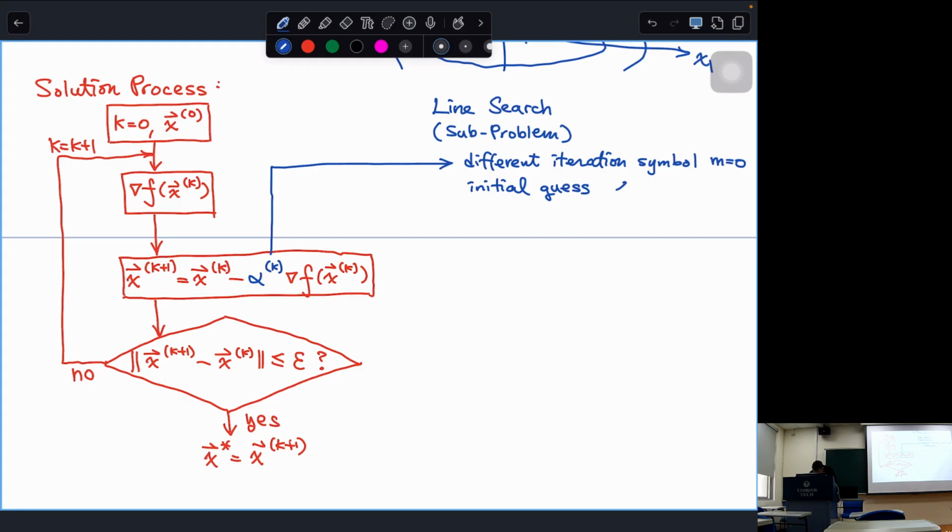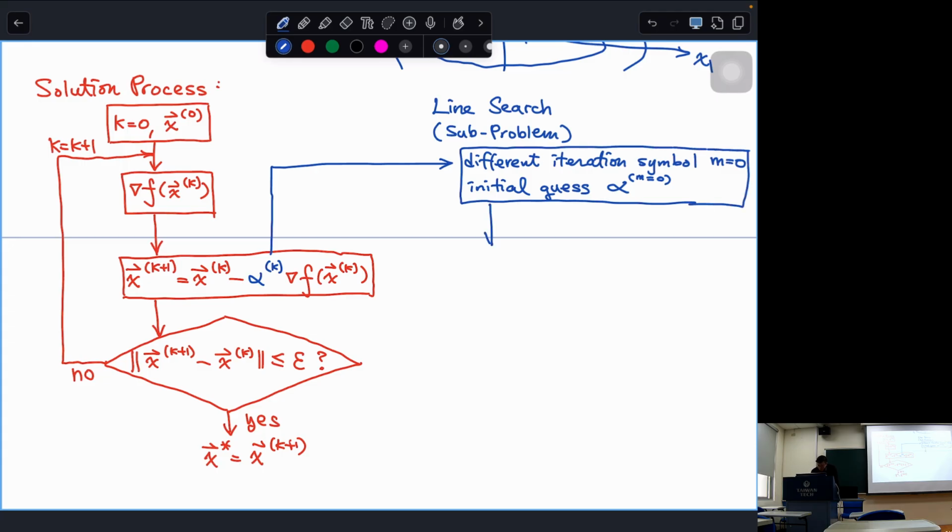So over here, the design variable becomes alpha. And I am having this initial guess of alpha. So alpha can be any value right here. But I know alpha has to be positive. So sometimes right here, I just pick alpha equals 0. Let's start from 0. 0 means no movement. And then let's try some mathematical process right here to find out what's the best alpha. Okay, so this is the initial stage.